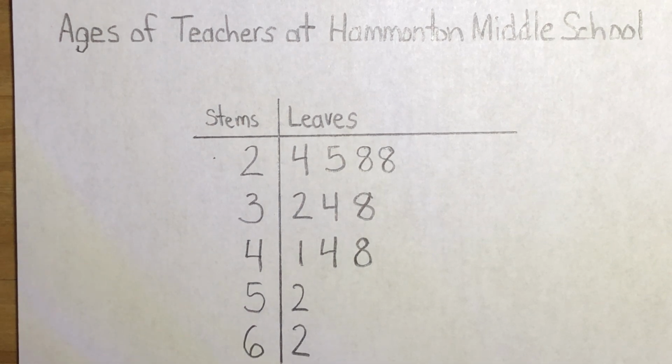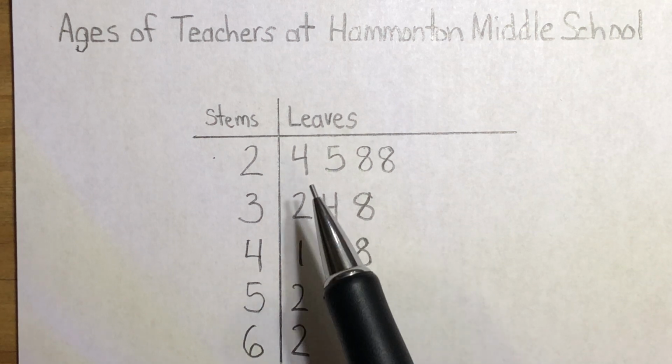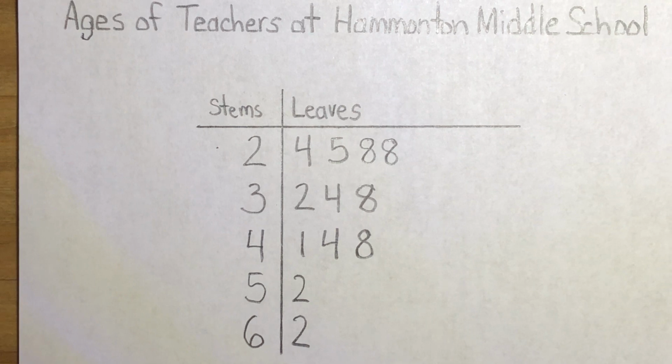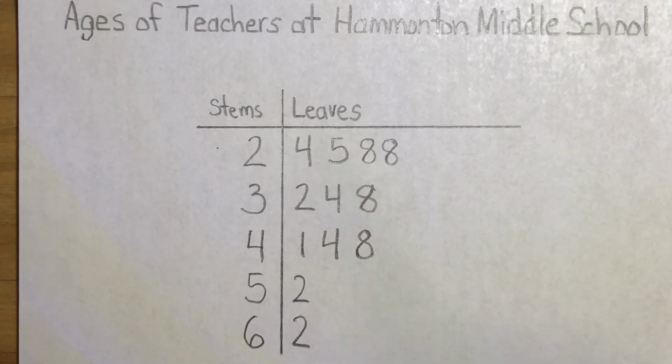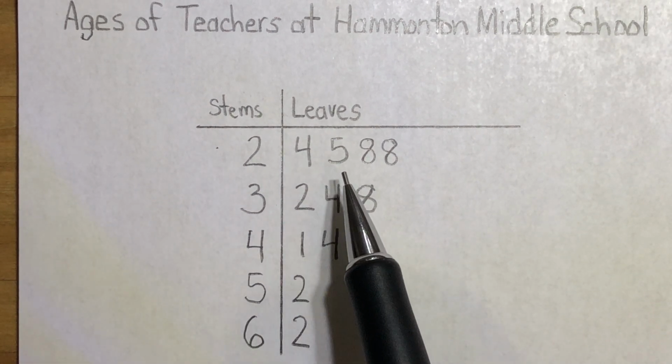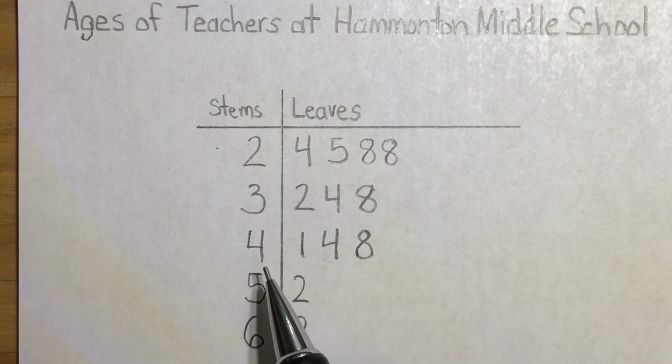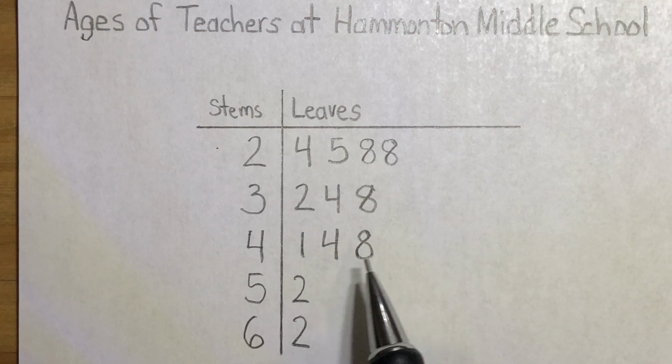You will notice that when using a stem and leaf plot, there's no need to put commas in between the digits in your leaves, and that's because the leaves will always be a single digit number. So it saves you the aggravation of a comma confusing them with decimal points, etc. And so this data in order is 24, 25, 28, 28, 32, 34, 38, 41, 44, 48, 52, 62.